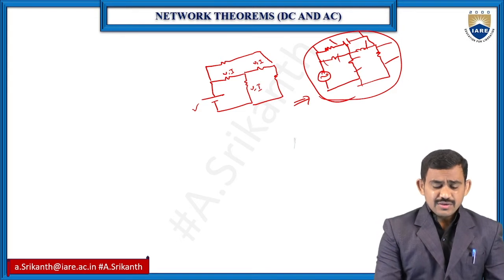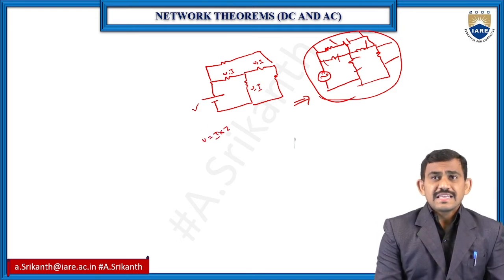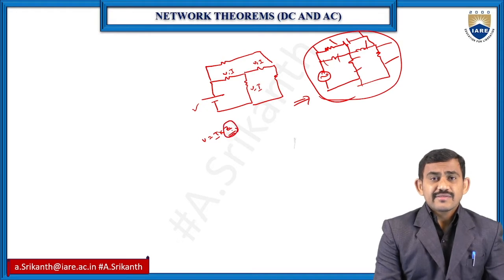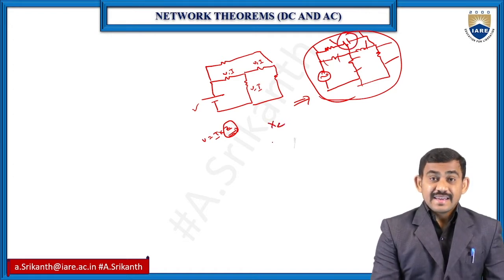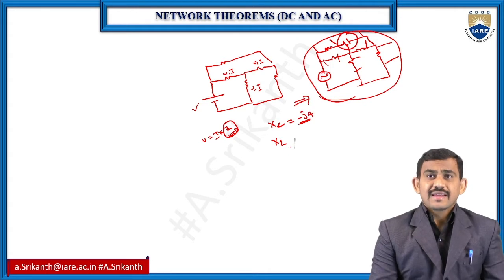For an AC circuit, we have V equal to I into impedance. So here we have the impedance values. For a capacitor, we have XC, and for an inductor, we have XL. XC means minus J4, and XL is J4.